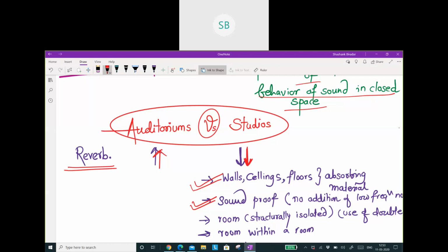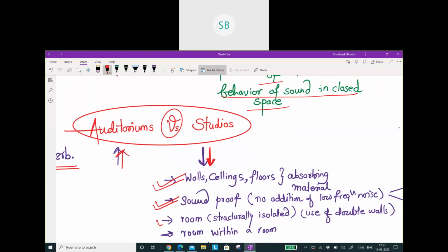The recording room should be structurally isolated from the main structure of the building with the help of a double wall strategy. Okay, so what we are doing here is putting two walls, and in between the walls we are having some insulating material, so that we do not get external disturbance at the time of recording.